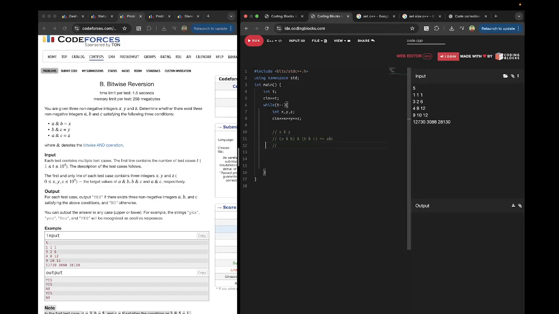So x and y should be equal to z, sorry. And similarly, when we do... nah, this is not the correct way, guys. This is A and C, which is C and B, because we're forgetting the B bits, right?